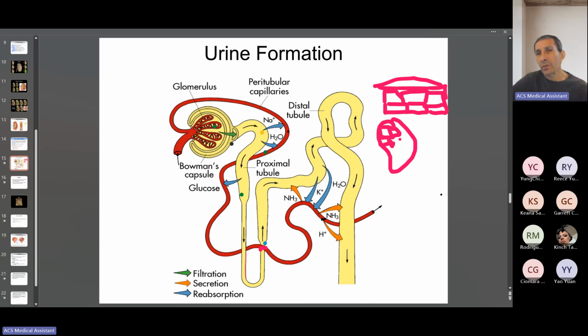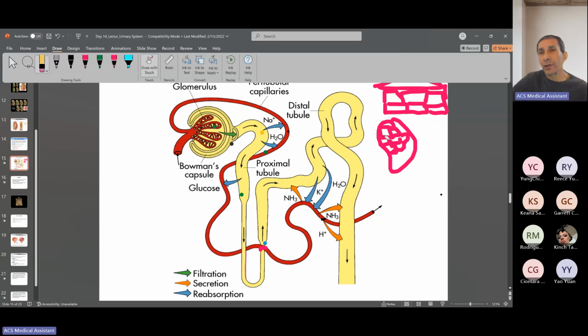And how many nephrons do I have in each kidney? One million per kidney. That's how I want you to understand it. Each one of these bricks plays an important role, because in each one of these nephrons, all this urine formation happens.